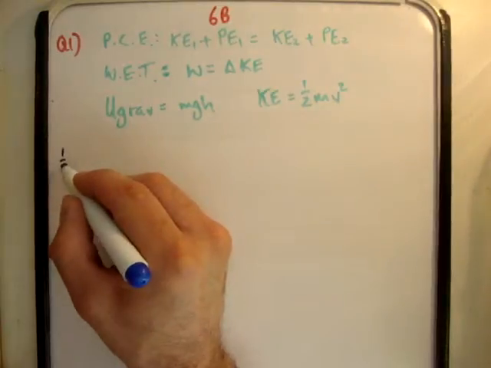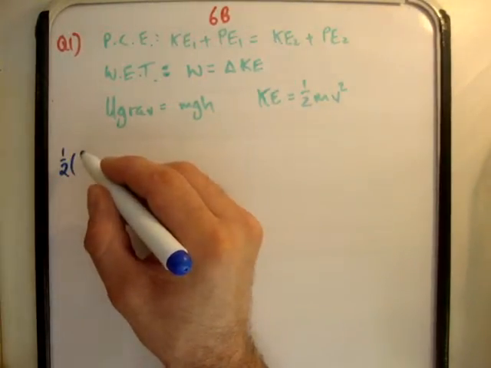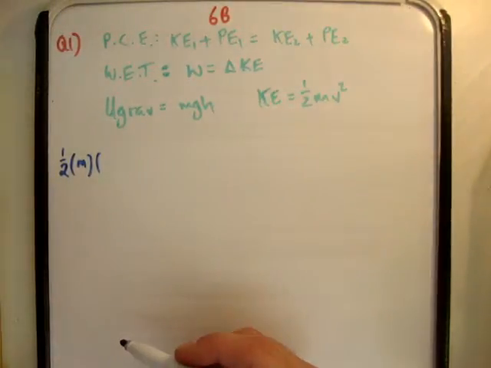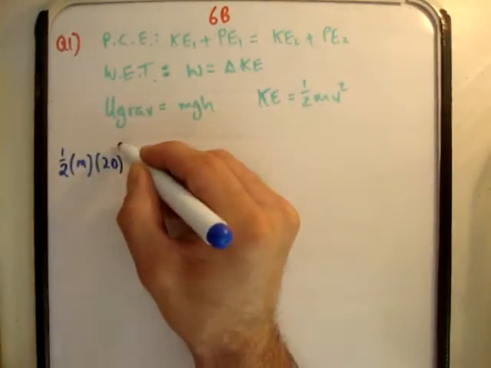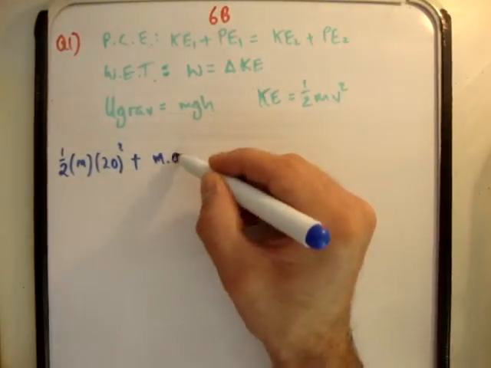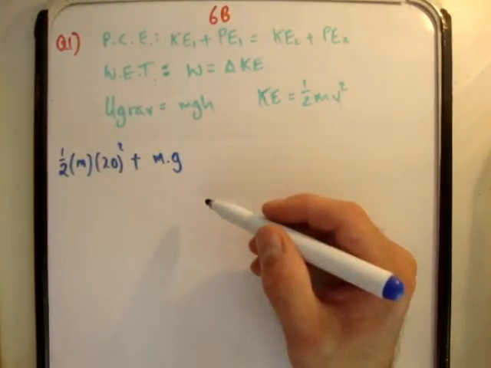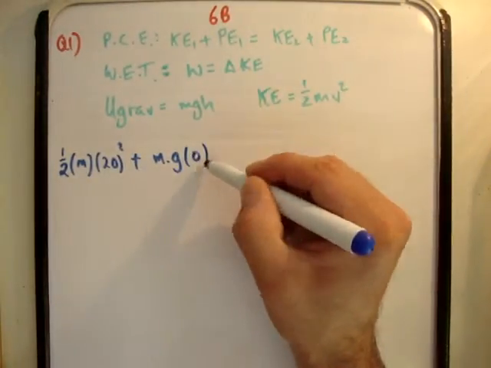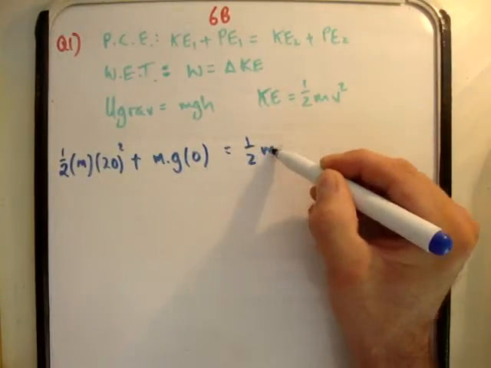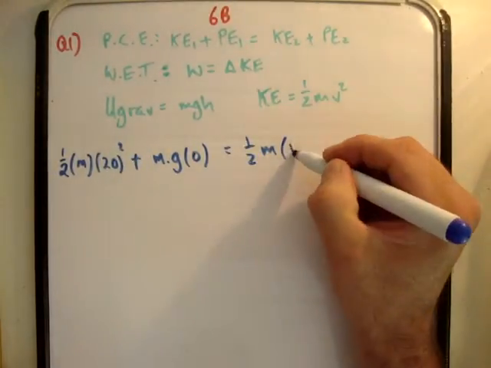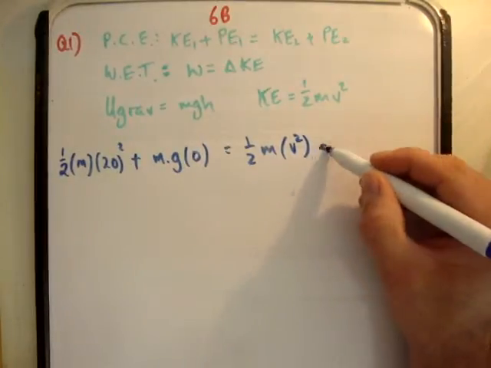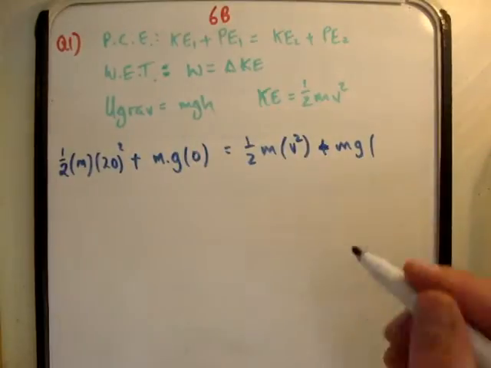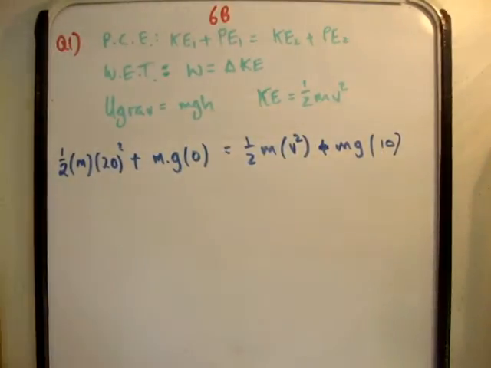So it's a half times the mass, I'm just going to call that m because we don't know it, times v squared, and that's going to be 20 squared, plus the mass times gravity times the height, which is equal to 0, is equal to a half m times the v squared, which we're trying to find, plus mg, and the height above ground we're told is 10 meters, like so.